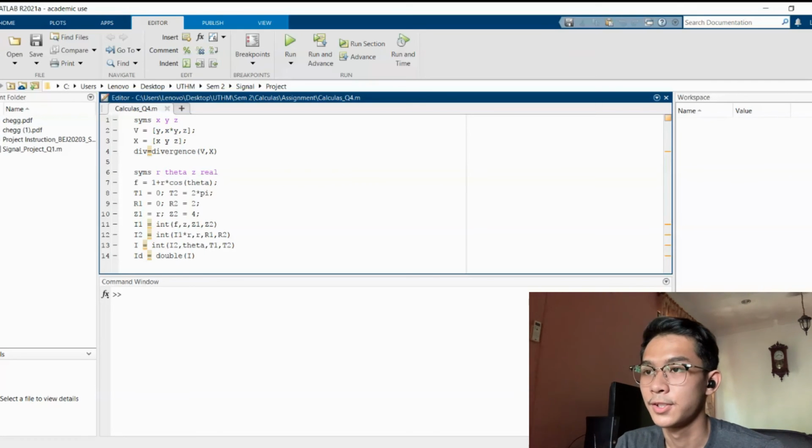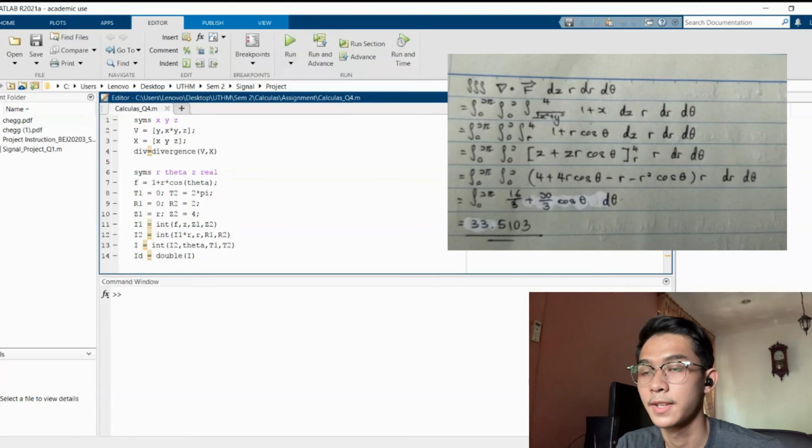For the first calculation, we recognize the variables x, y, and z, and then we differentiate in x, y, and z. After that, we perform the divergence of the vector field. Also, after that, we recognize the variables r, theta, and z.